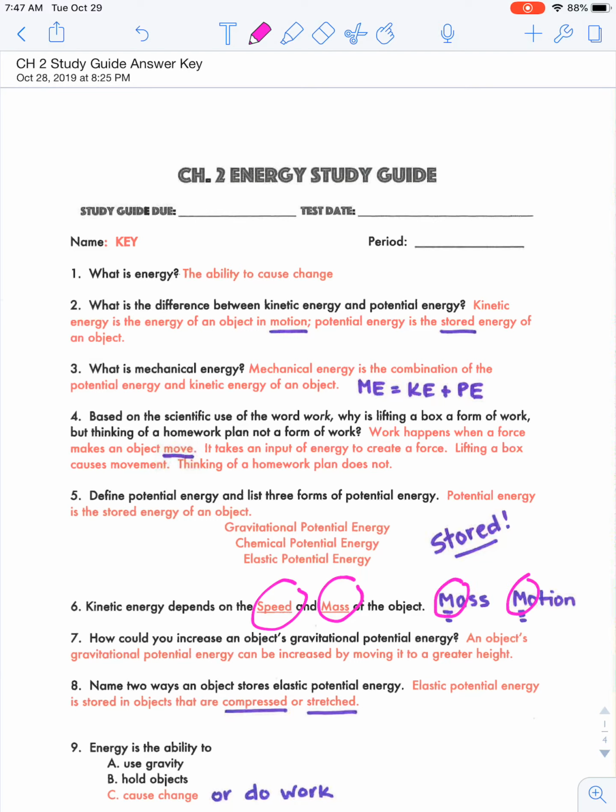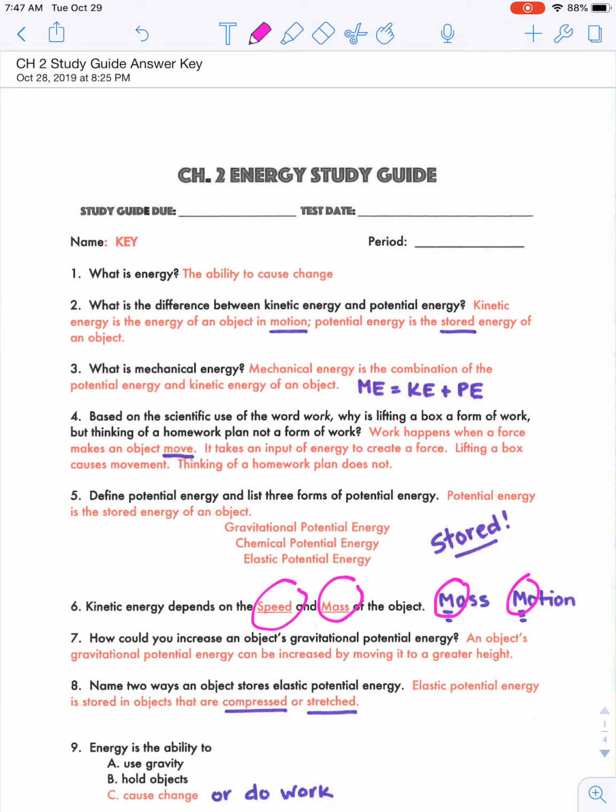I want you to think about that mass starts with an M and motion starts with an M. Mass and speed are the 2 things that help determine kinetic energy. Mass, motion is kinetic. Maybe that will help us remember that those 2 words go together for kinetic energy.